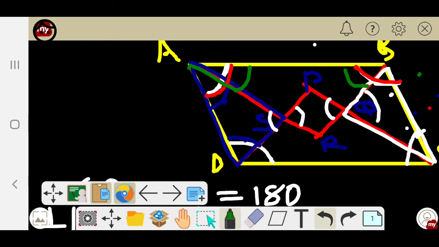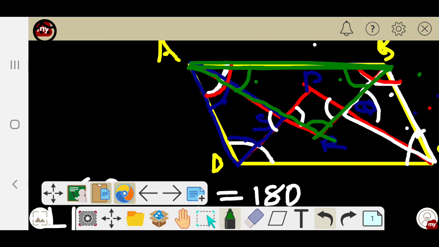That means in the triangle ARB, these two angles are 90, so this remaining angle is also 90, and then only the total will be 180 degrees. Similarly, we can say angle R equals 90.